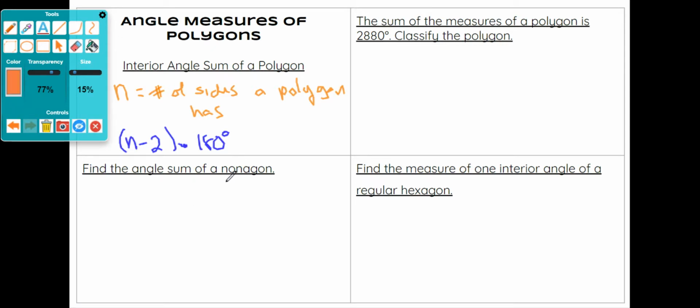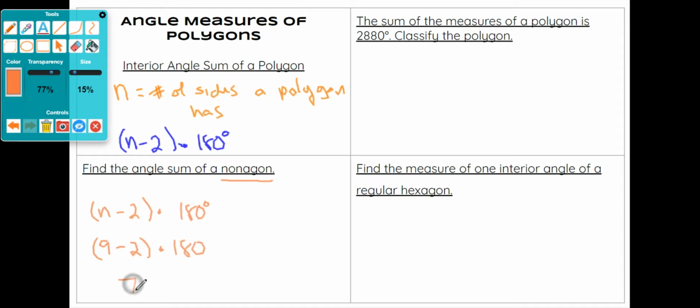First one is asking for the sum of a nonagon. So that means we're talking about a 9-sided shape. So let's bring our equation down, n minus 2 times 180 degrees, and plug that in. That's going to be 9 minus 2 times 180 degrees.